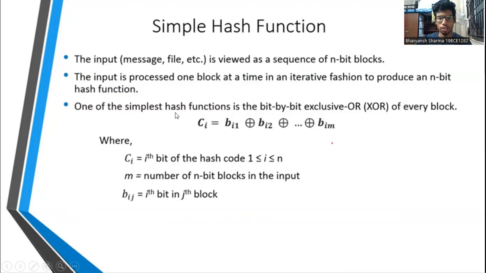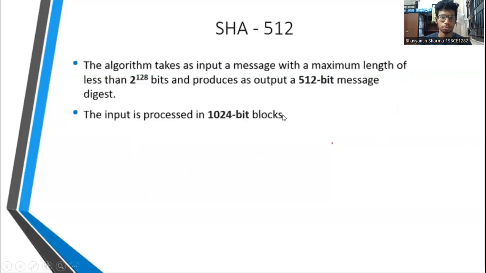Like if there are 1024 bits in every block, then my hash output would also be of length 1024. For the 1024th bit, I would take the 1024th bit of every block and XOR them. Whatever result I get would be the 1024th bit of my hash value.